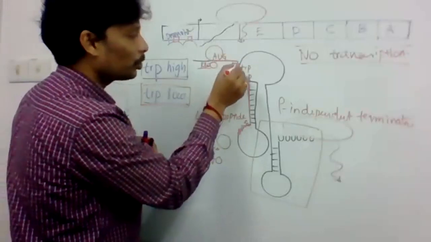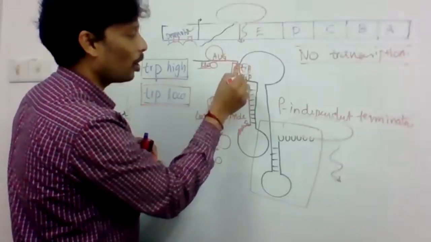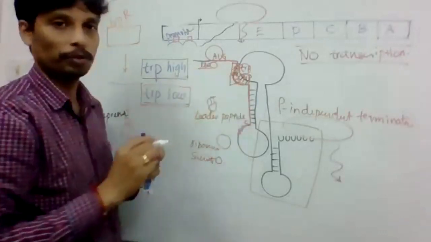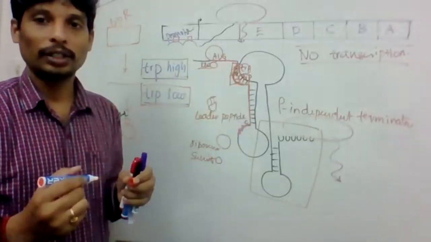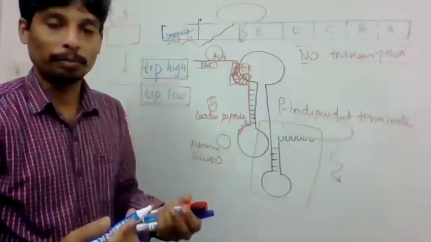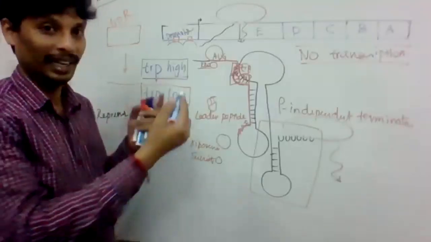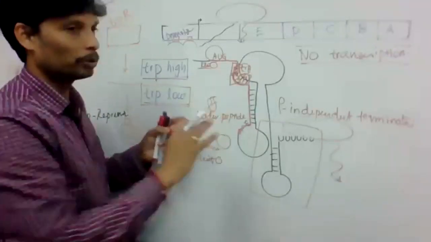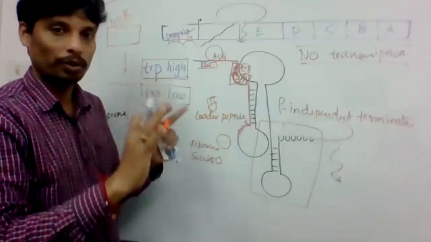And when it reaches either this position or this position, what happens? There will be no sufficient tryptophan tRNAs carrying and adding tryptophan molecules to synthesize the leader peptide, and the ribosome stalls there, stuck over there.